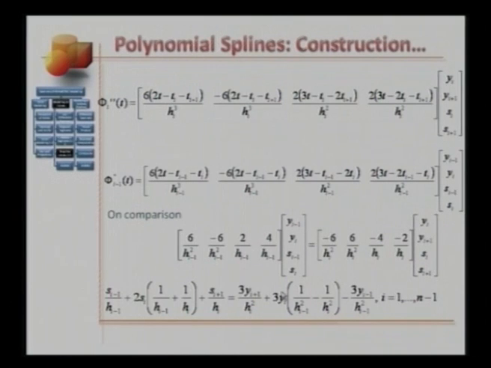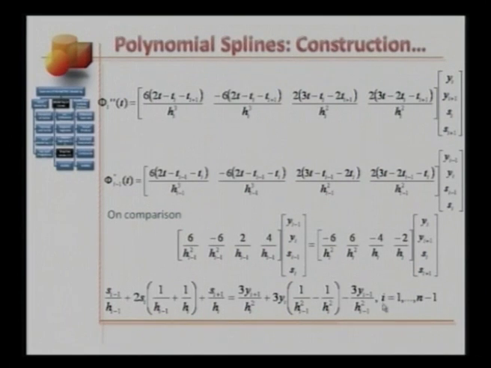We can further simplify this and have this relation: si minus 1 over hi minus 1 plus 2 times si within parenthesis 1 over hi minus 1 plus 1 over hi plus si plus 1 over hi equals 3 times yi plus 1 over hi squared plus 3 times yi times within parenthesis 1 over hi minus 1 squared minus 1 over hi squared minus 3 times yi minus 1 over hi minus 1 squared.